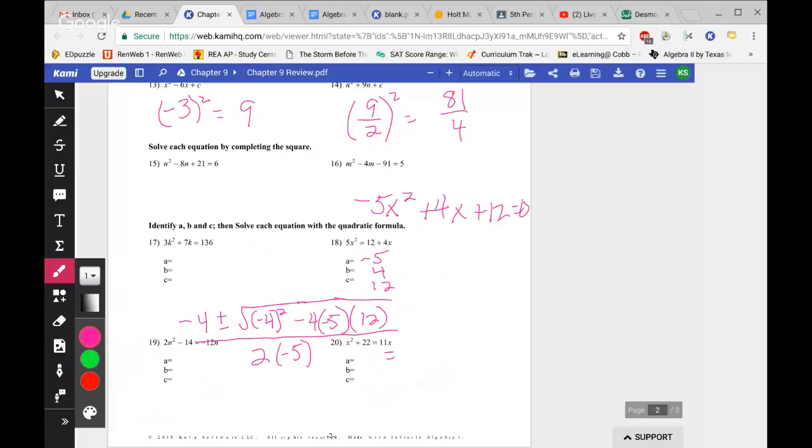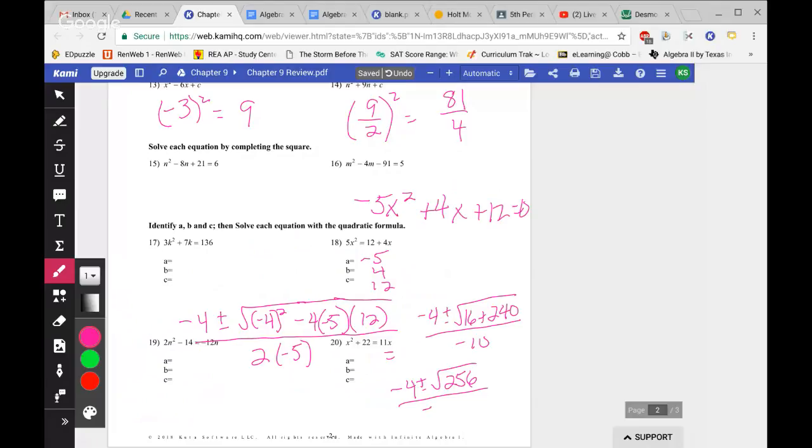So we've got -4 plus or minus 16. And we got -4 times -5, which is a positive 20. And 20 times 12, that's going to be 240, all over -10. So now I have -4 plus or minus the square root of 256.